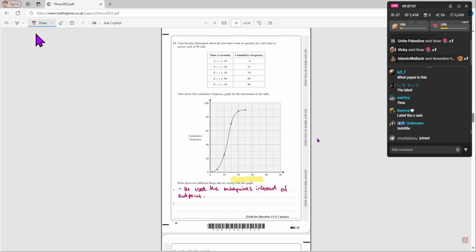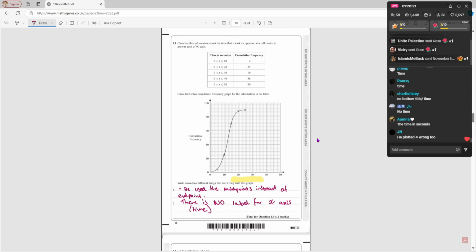Yes, there is no label for the horizontal axis, so the x-axis. So there is no label for the x-axis, which is supposed to be time in seconds, okay? I'm going to write time. And that's going to be 2 mistakes that he did.